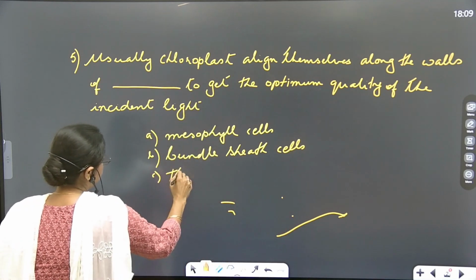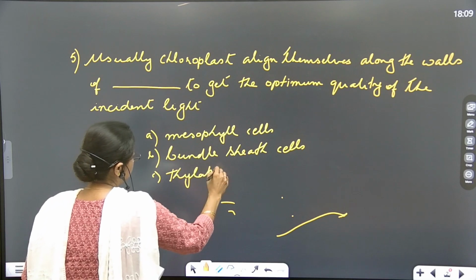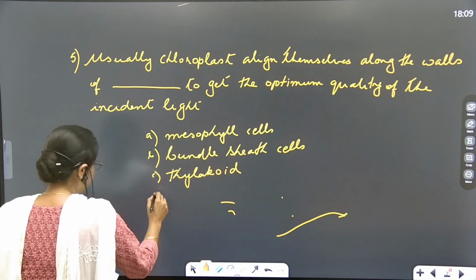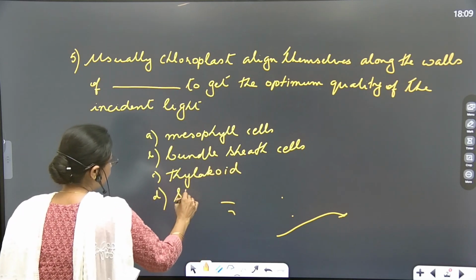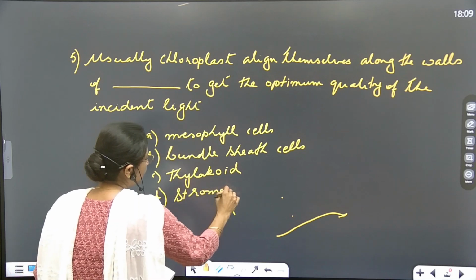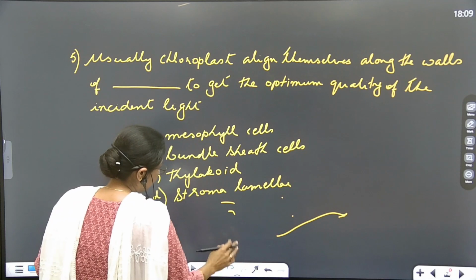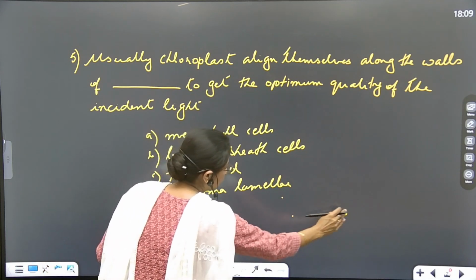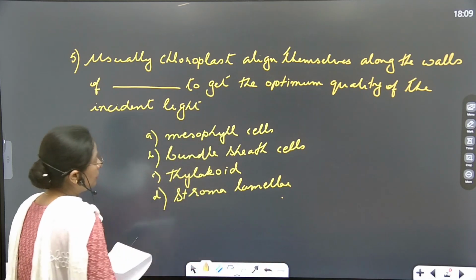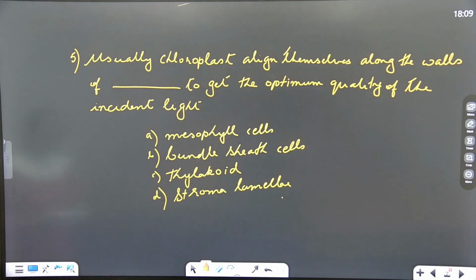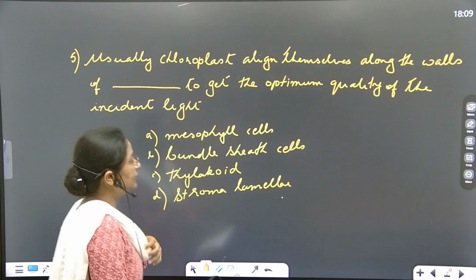C would be thylakoid. And D is stroma lamellae.